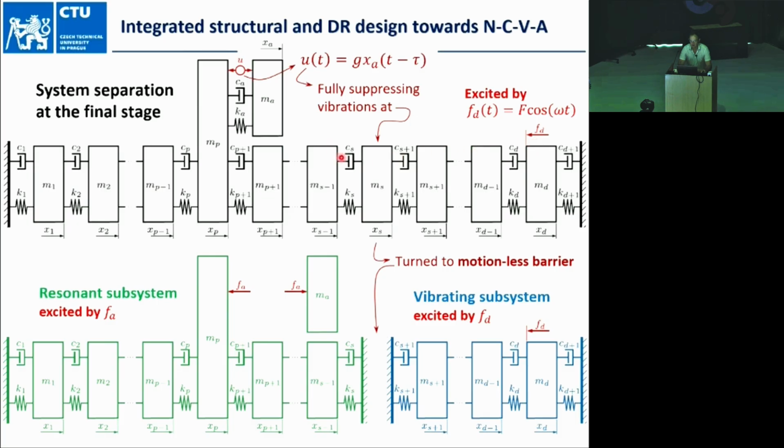If this body is stopped, we can actually split the system into two parts, because it makes a sort of motionless barrier. We can split it into this vibrating part, which is excited by the disturbance force, and the resonant part, which is the left part, excited by the force generated by the resonator.